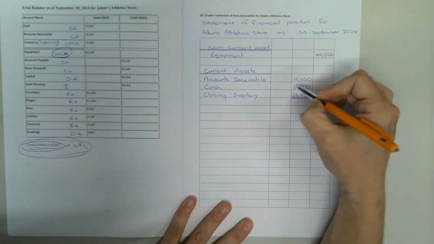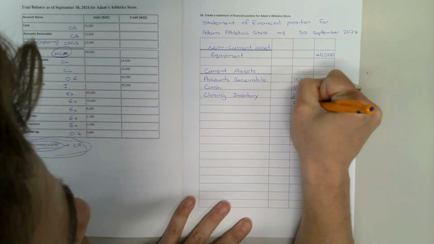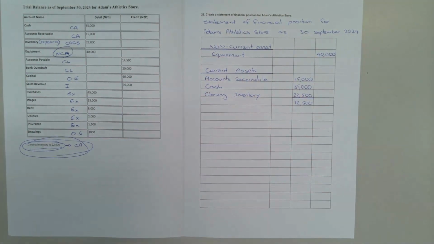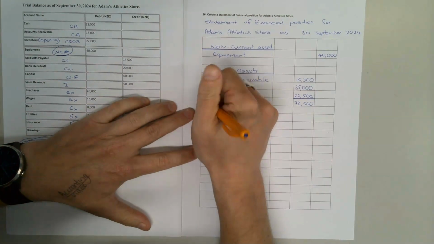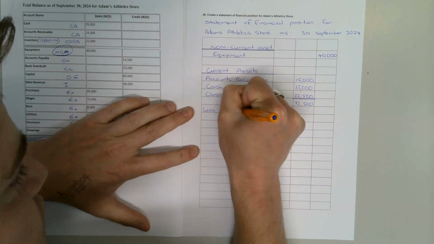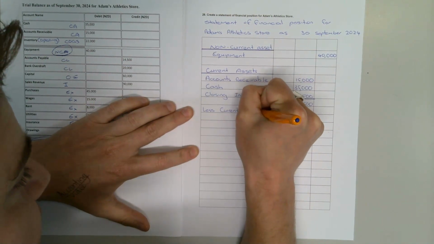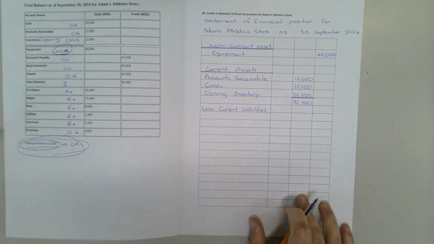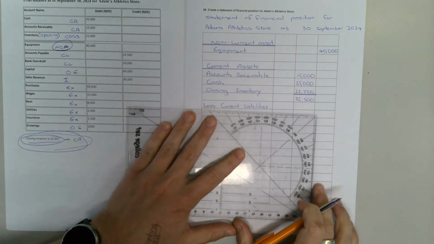That should be 72,500. So that's where we're at the moment, nice and neat. Then we're going to minus off our current liabilities, and there's 2 of them.